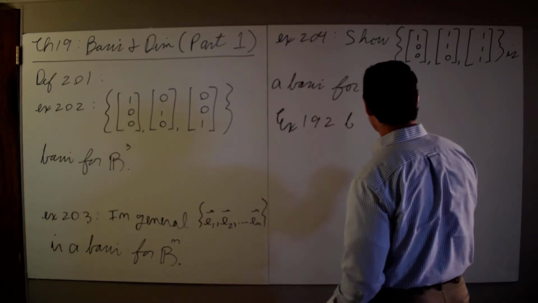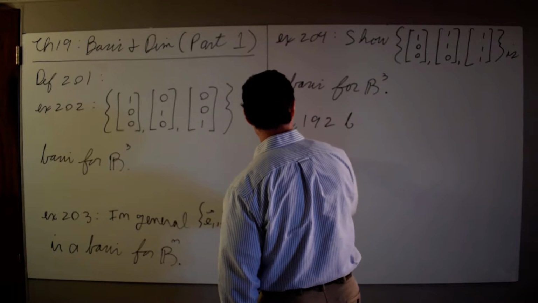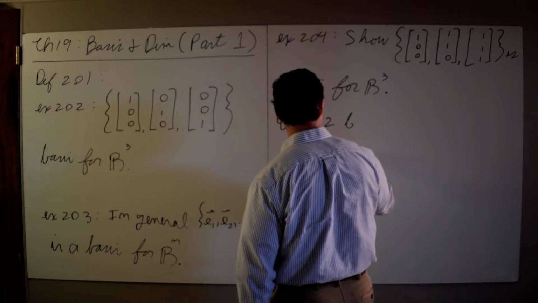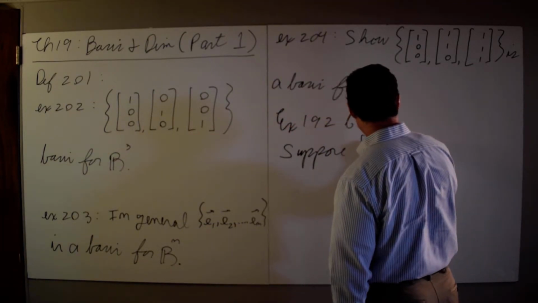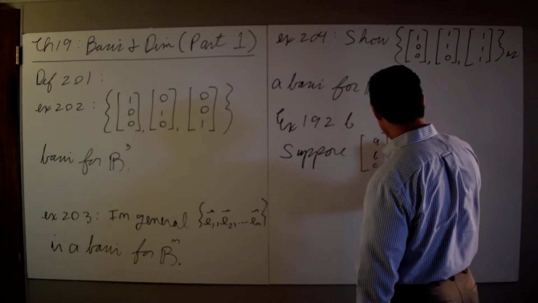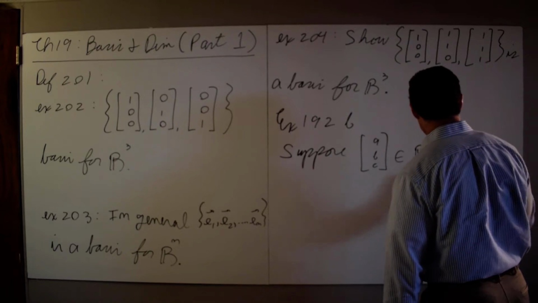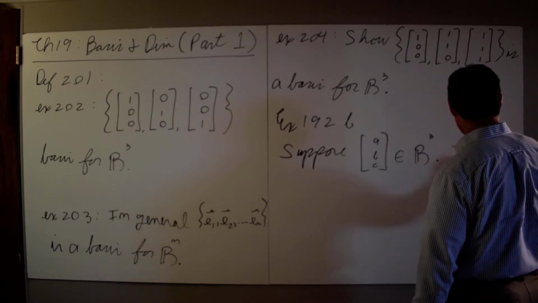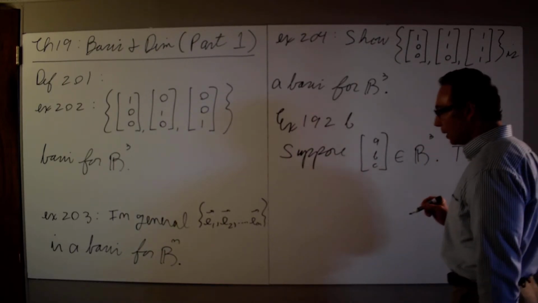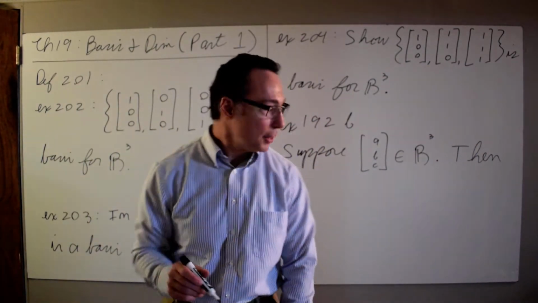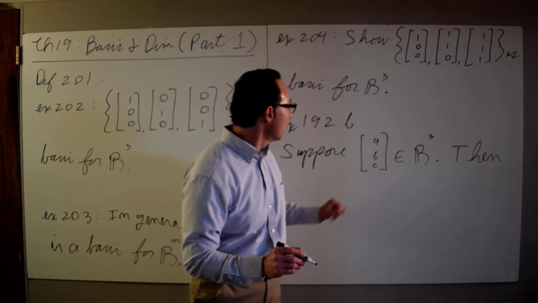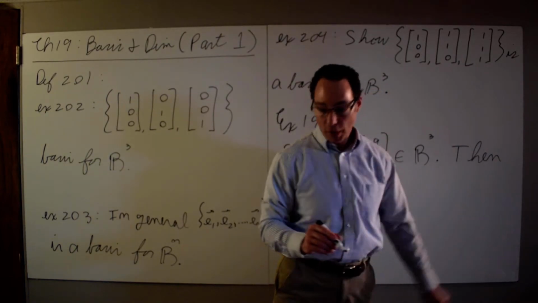Let's suppose our vector a, b, c is in R3. Then, how do we make the vector a, b, c? How do we express this as a linear combination of these three vectors?